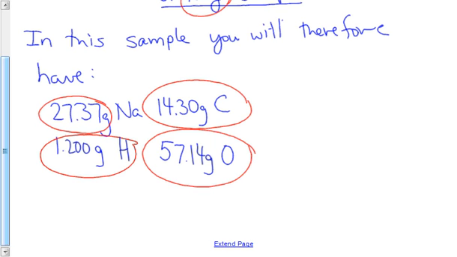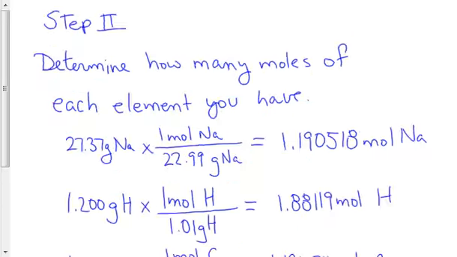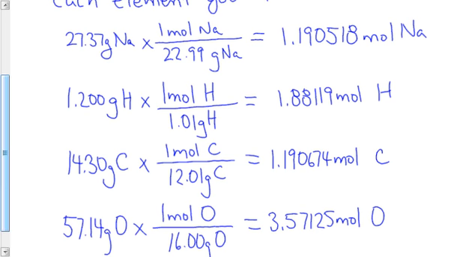So now that I know how many grams I have, I can find how many moles I have. So step 2, determine how many moles of each element I have. And you know how to do that. I've shown you before. I'm starting with 27.37 grams of sodium, and I know that the molar mass of sodium is 22.99 grams. So 1 mole of sodium has a mass of 22.99 grams.